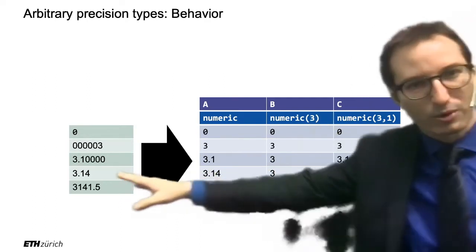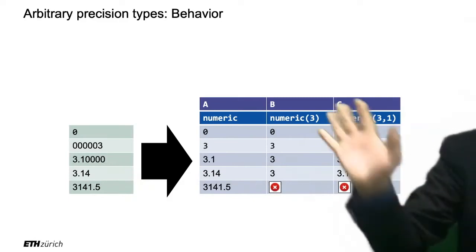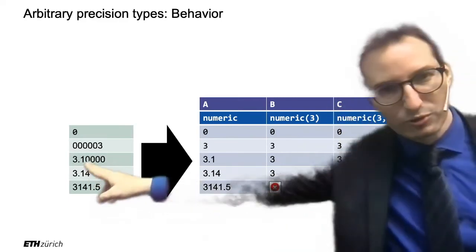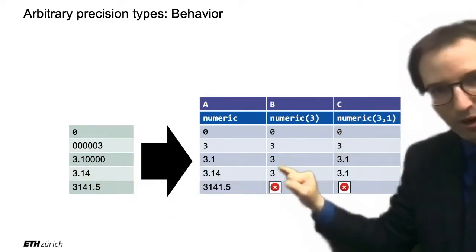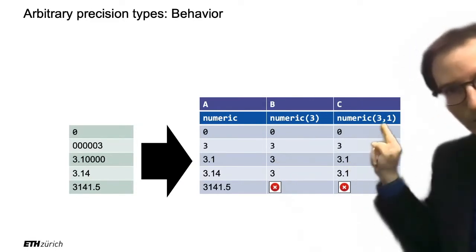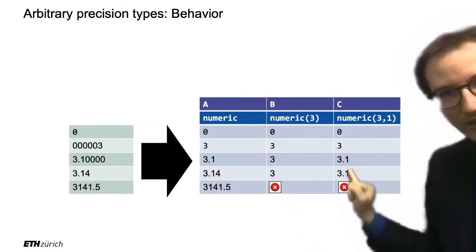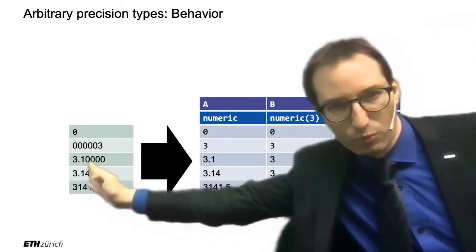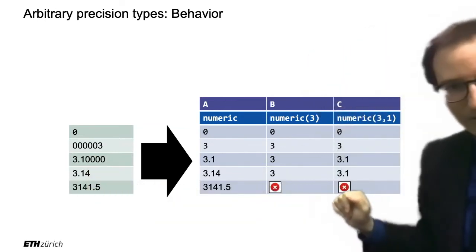So it's just going to truncate everything that's after the comma. So this is why the 0.1 and 0.14 goes away, and that ends up with 3. Here it's also truncating, but here you have a range of 1. So 1 digit after the decimal period and 2 before, 1 plus 2, 3. So this is why here it truncates at 1 after the decimal period, right?